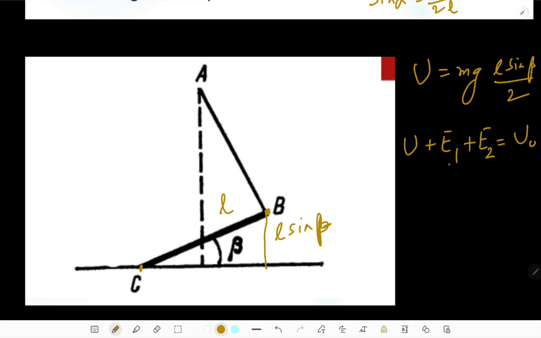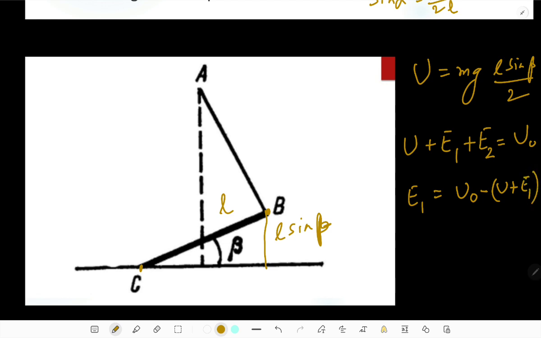And so I can write here that the translational kinetic energy of the stick at any moment can be written simply as U0 minus U minus E2. That is, U0 equals U plus E1 plus E2.